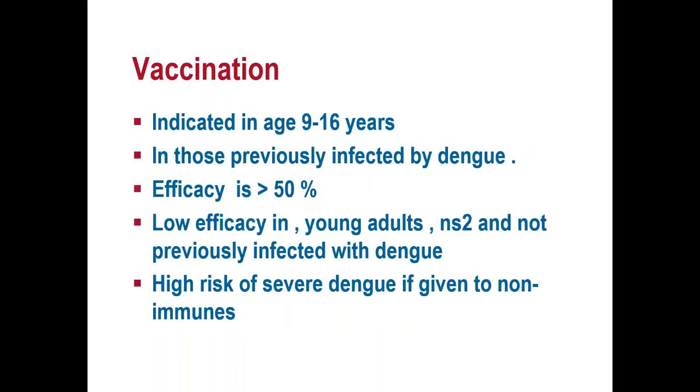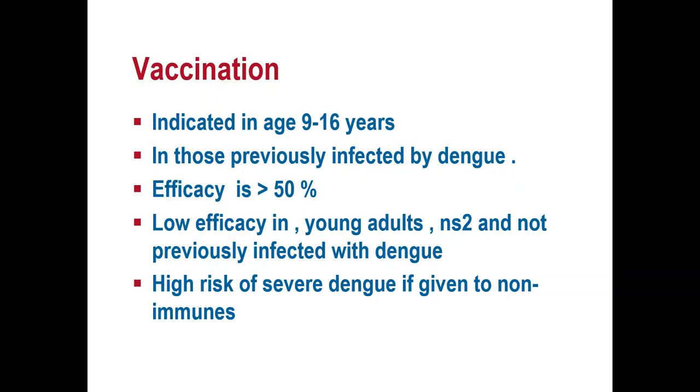The vaccination is indicated in the pediatric group from 9 to 16 years, and it is only beneficial for those who were previously infected with dengue, with an efficacy of more than 50%, but it can be less efficacious in young adults and those with the NS2 serotype not previously infected with dengue fever.